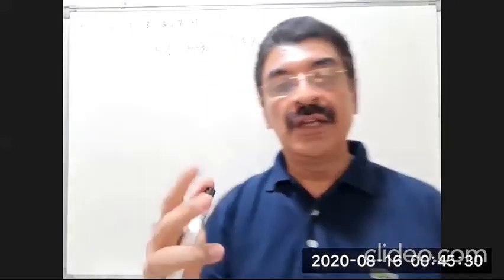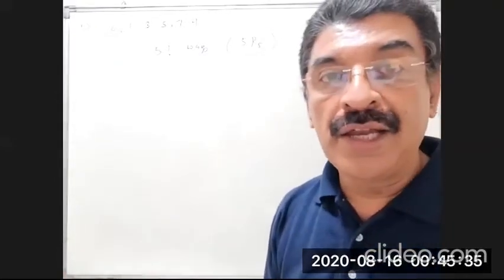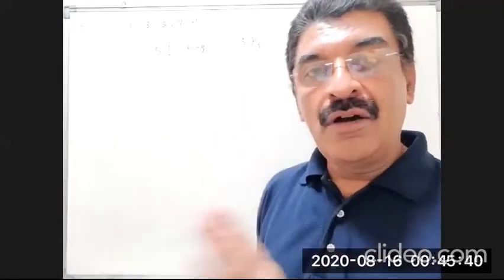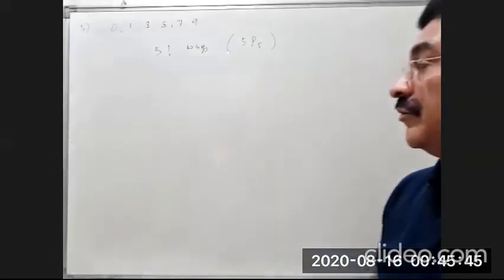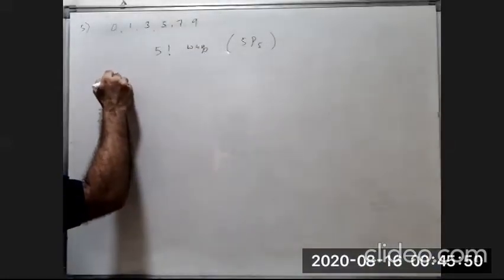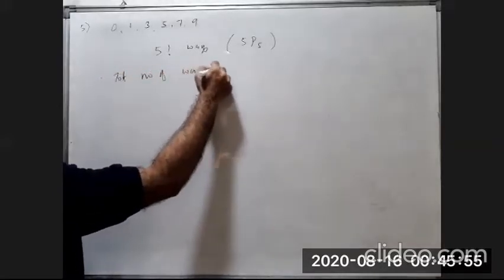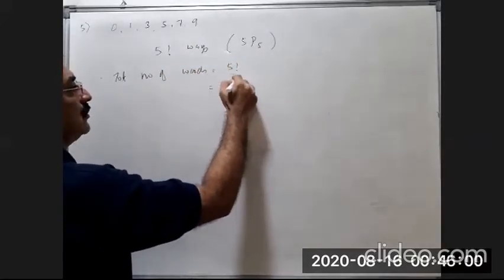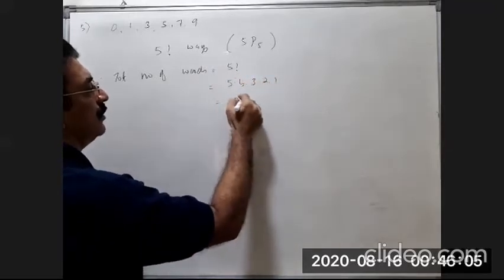We discussed it, either nPn or n factorial, both are the same. From n things, all things can be arranged in nPn ways or n factorial ways. Therefore, the total number of words is 5 factorial: 5, 4, 3, 2, 1, which is 120.